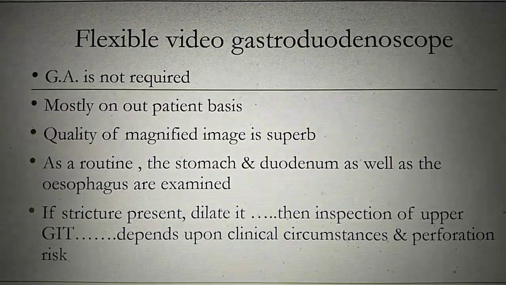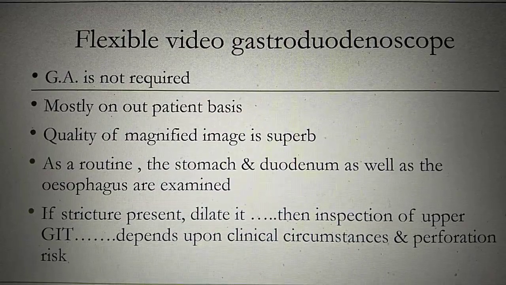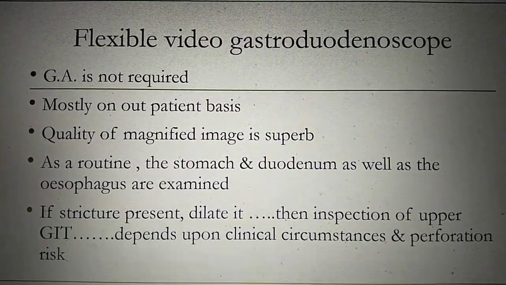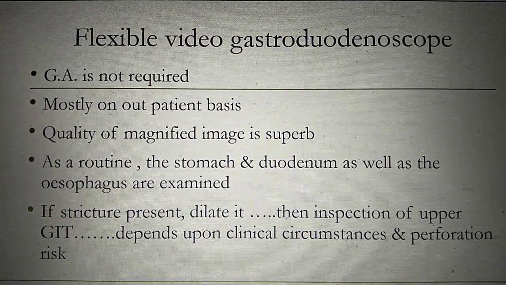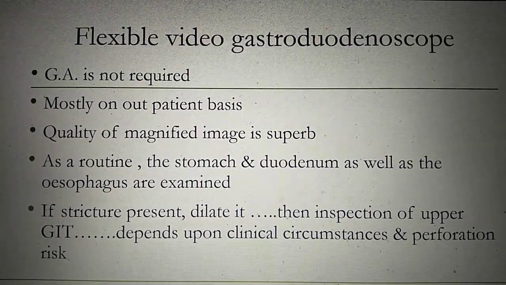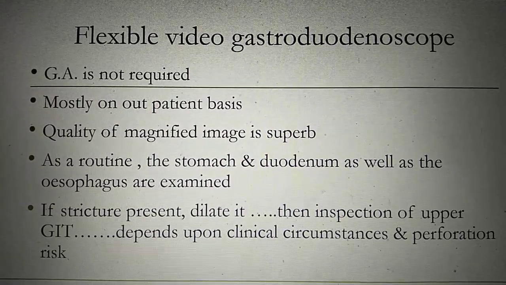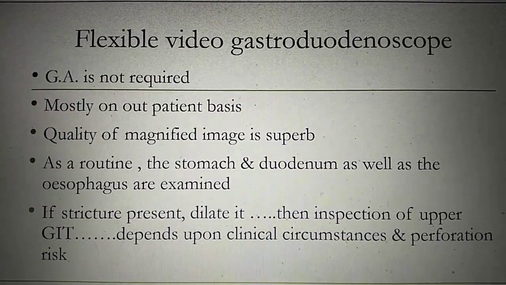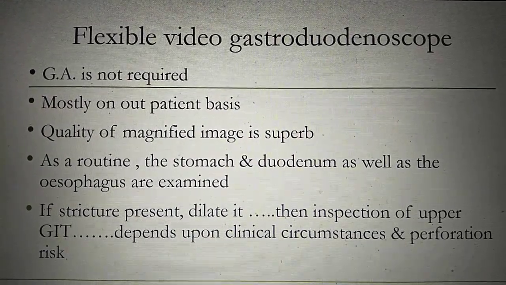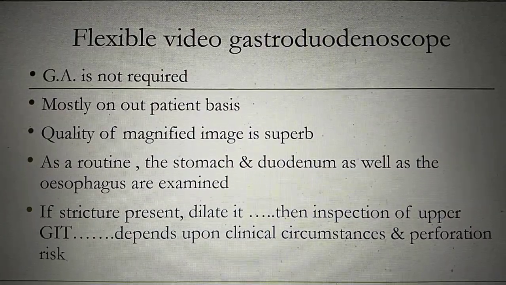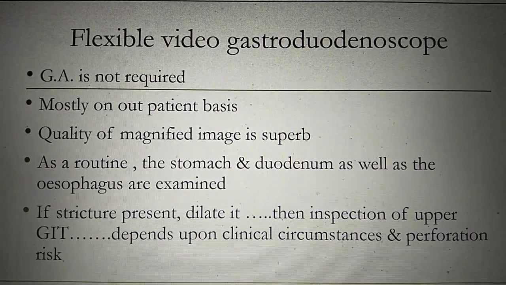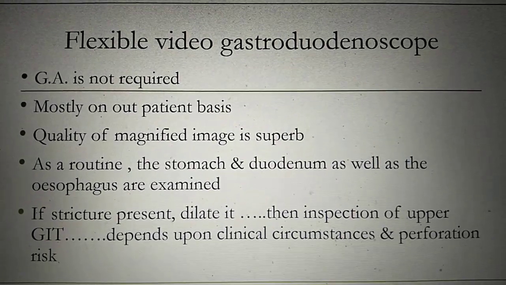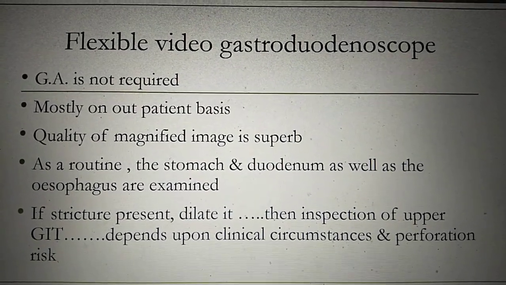As a routine, remember we are going to examine the stomach and duodenum as well, along with the esophagus, and it's a routine. If a stricture is present, dilate it. Then inspection of the upper gastrointestinal tract is done. Although for dilatation of a stricture, the decision making depends upon the clinical circumstances and the risk of perforation in the specific patient.